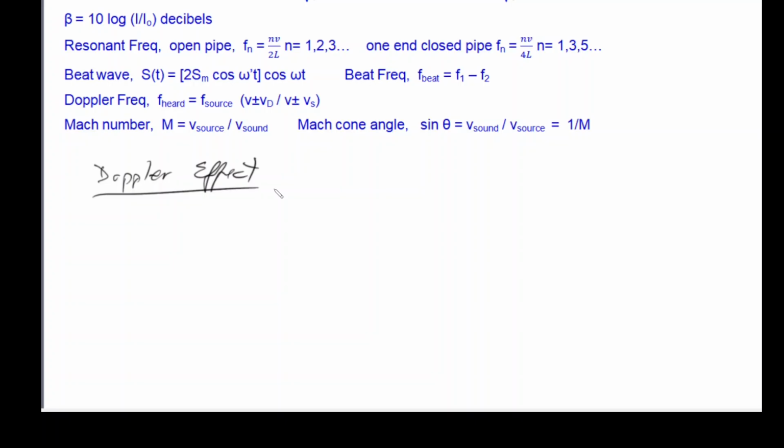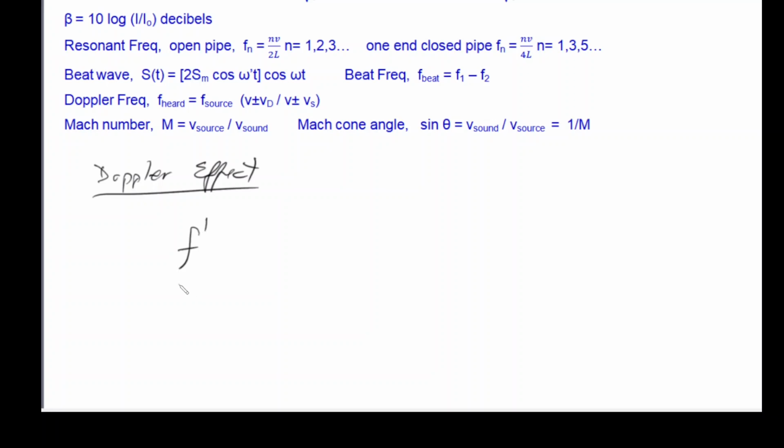And basically, the Doppler effect, or the Doppler shift, is a change in the frequency of a sound when approaching it or moving away from it. As you approach the sound, or the sound approaches you, the frequency increases, and as the sound gets further away, the frequency decreases. And you can write an equation for the new frequency.